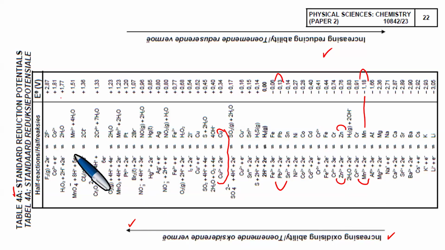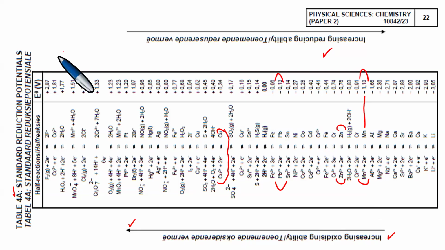What we're able to see is that this is the top of the table, and the arrow is going up towards the top of the table. This is increasing oxidizing ability. If you go down, it's increasing reducing ability.